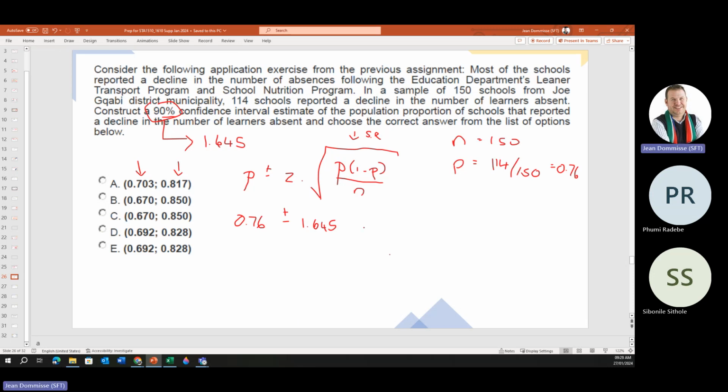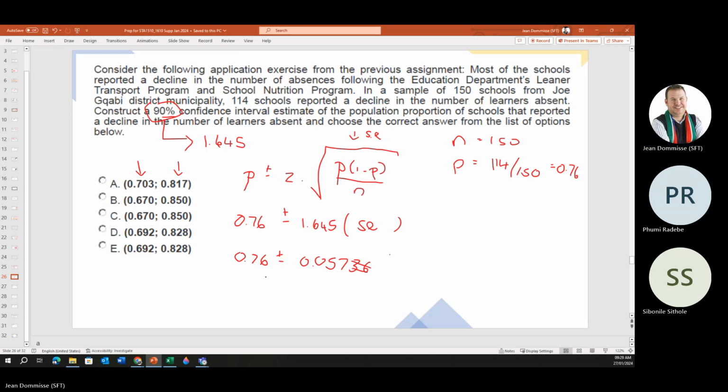We get the answer 0.05736. We round it off to three decimals, so we can take those two away again.